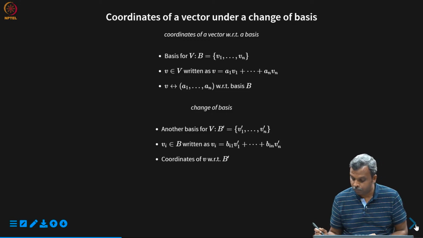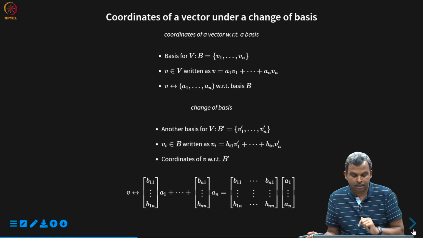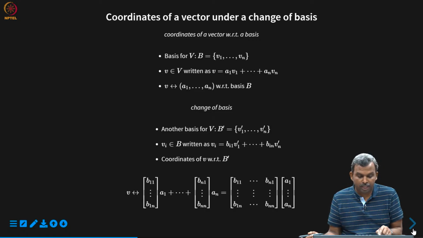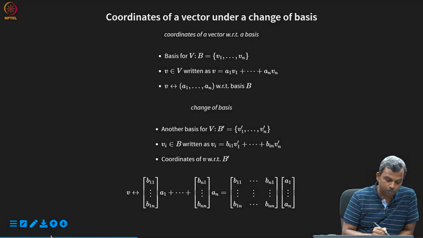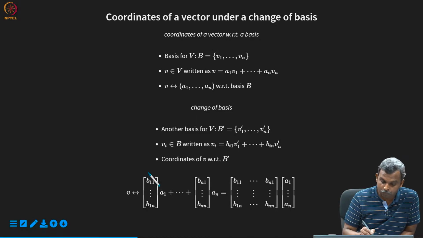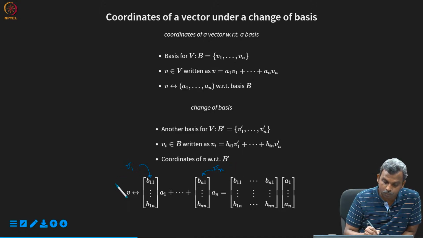Okay, so you do that, then you will get this nice looking equation. So this V is represented by B11 to B1n multiplied by A1 plus so on till Bn1 to Bnn multiplied by An. So if you want me to write a little bit more detail, this guy is V1, okay, and this guy is Vn in what coordinates?